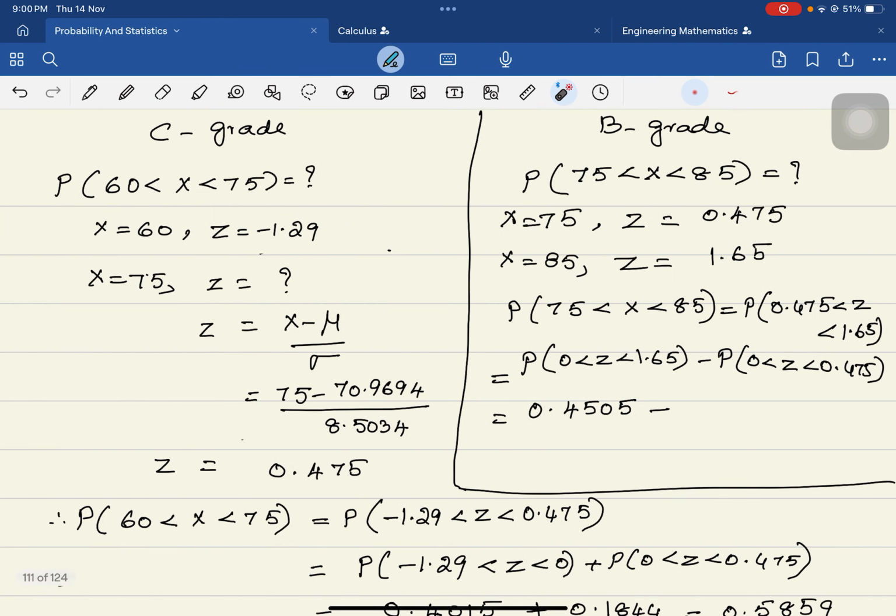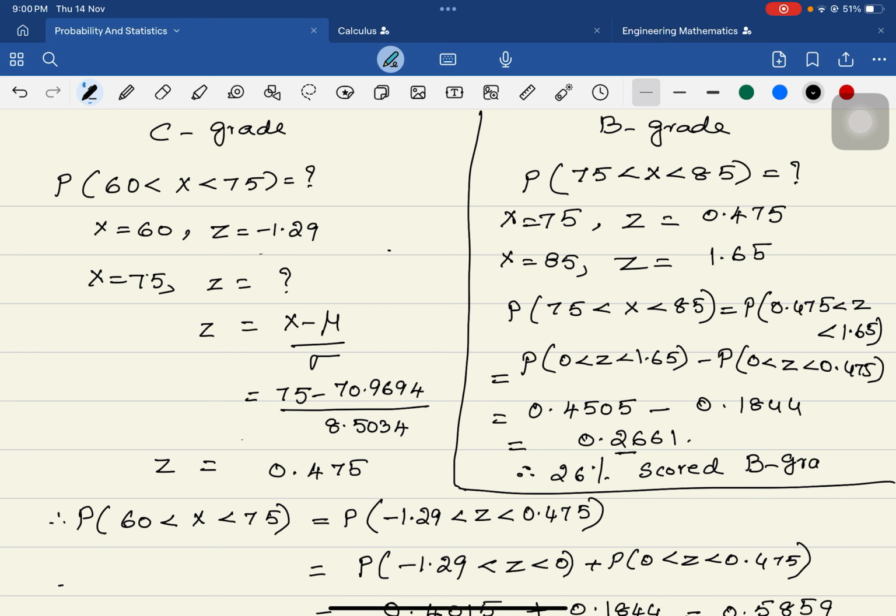So, this value is 0.1844. Now, what is this? This gives you 0.2661. So, what can you say about this B grade? How many students have secured B grade means this is 26%. So, 26% of students scored B grade. This is what you can understand.